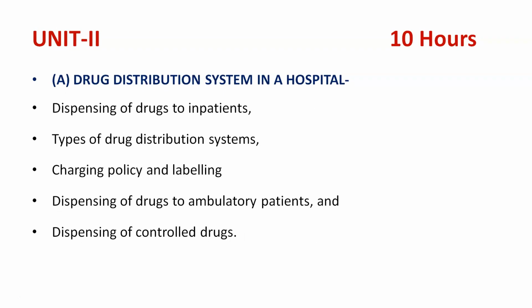In the second unit, we'll be studying about drug distribution systems which takes place in a hospital, whether it includes dispensing of drugs to inpatients, types of drug distribution systems in the hospital, charging policy and labeling, dispensing of drugs to ambulatory patients, and dispensing of controlled drugs.